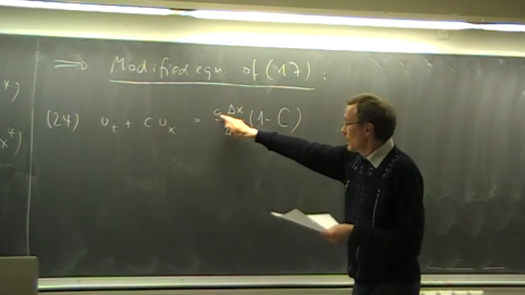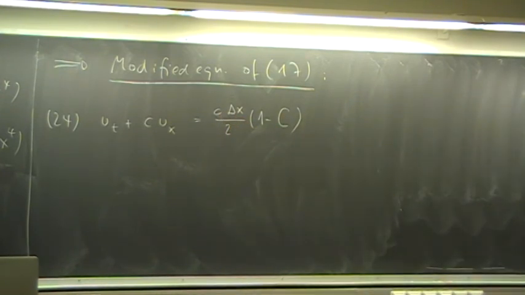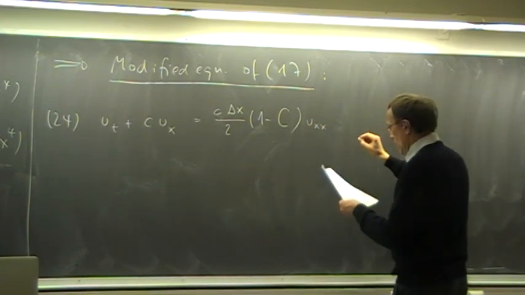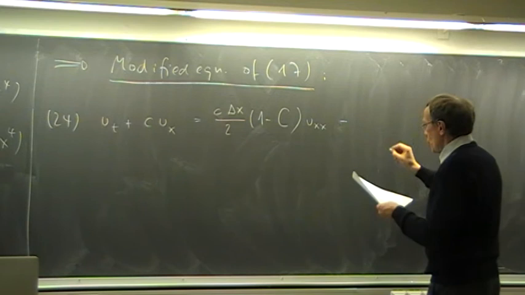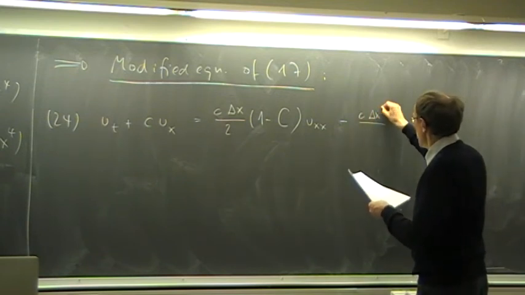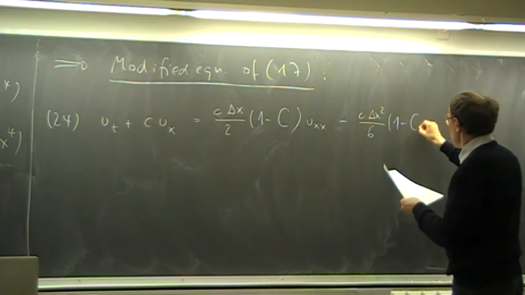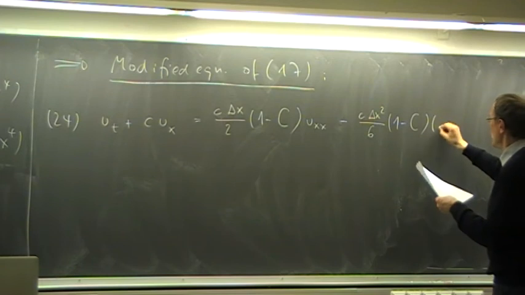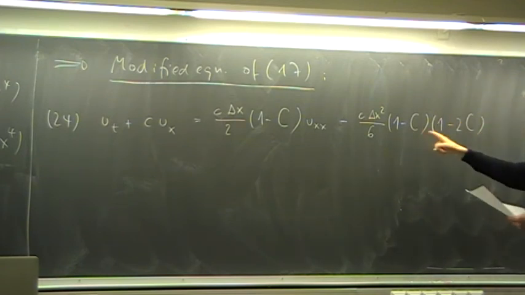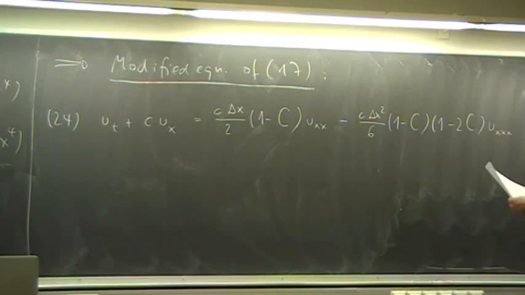So the little c is the advection velocity, the capital C is the Courant number. It is multiplied by uxx. And then we get a term again with the advection velocity c, delta x squared divided by 6, times 1 minus C, times 1 minus 2C, these are the Courant number again, times the third space derivative.